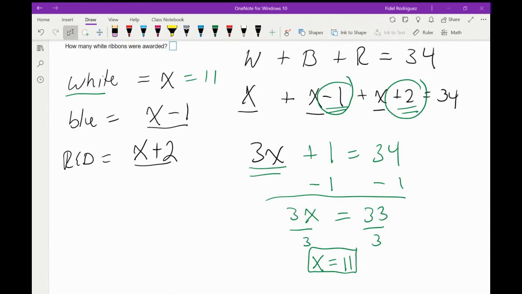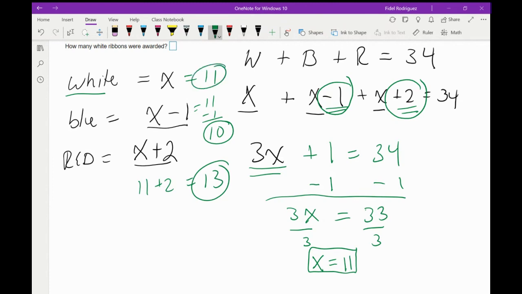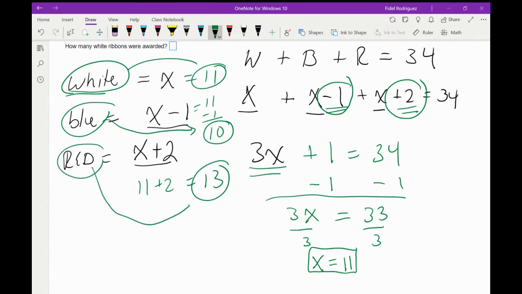And then the blue, if it's going to be 11 minus 1, that's how I'm coming up with the 10. And for the red, it's going to be 11 plus 2, and that's how I'm coming up with the 13, right? So my white is 11, our blue is 10, and our reds are 13, right?